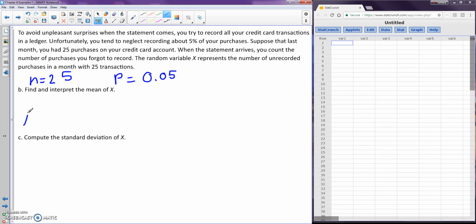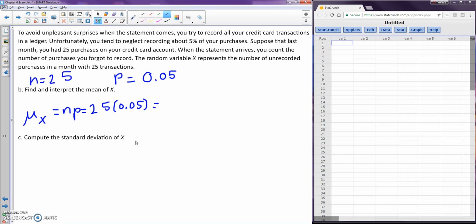This is mu sub x. The sub x is there to tell us that we're working with a random variable, and our mean is n times p. So it is 25 times 0.05 here.